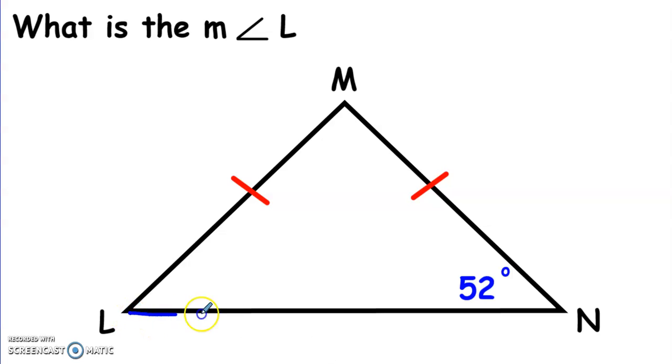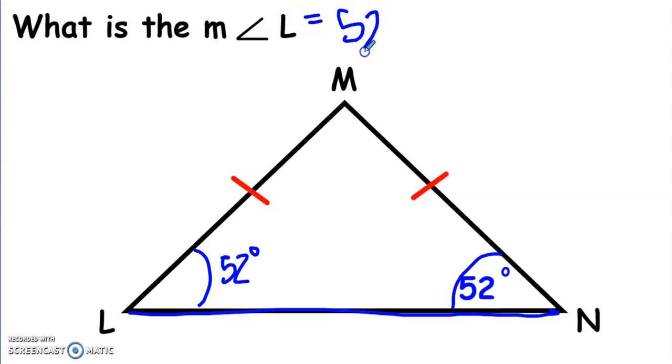So here's my base. So here's one base angle, and here's the other base angle, which is also 52 degrees because the base angles are congruent. So that's what the measure of angle L is, 52 degrees.